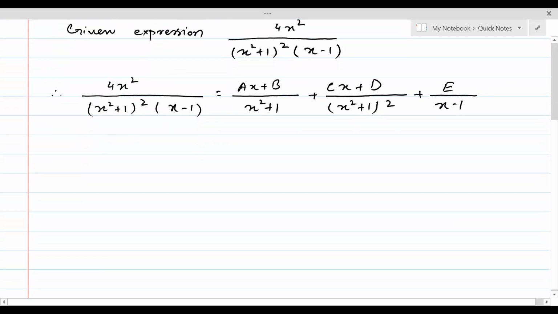So now let's take LCM on the right hand side, and then we'll cancel it out with the denominator on the left side.